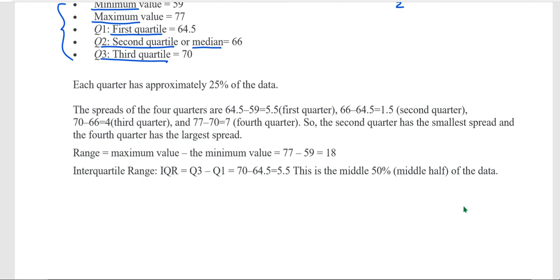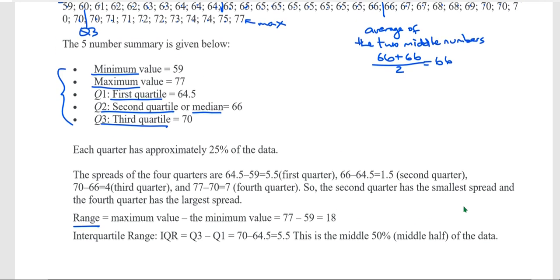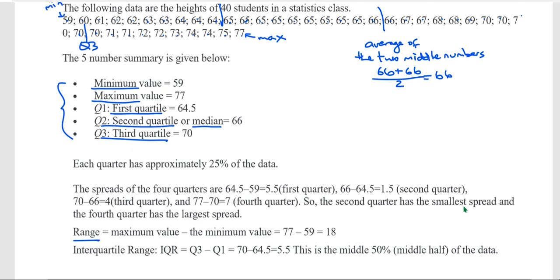Then there are a couple of other new words. The word range is how spread out the data is. The range of the entire data set: we know the numbers go from 59 to 77, so the range is 18. It's the difference between 59 and 77, so the maximum value minus the minimum value gives us the range.